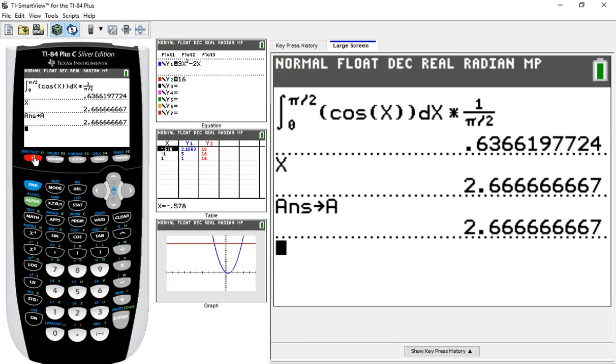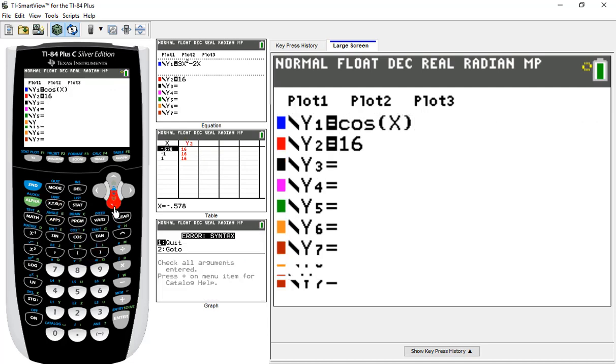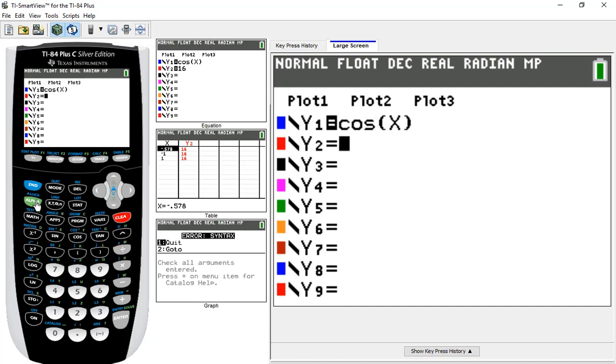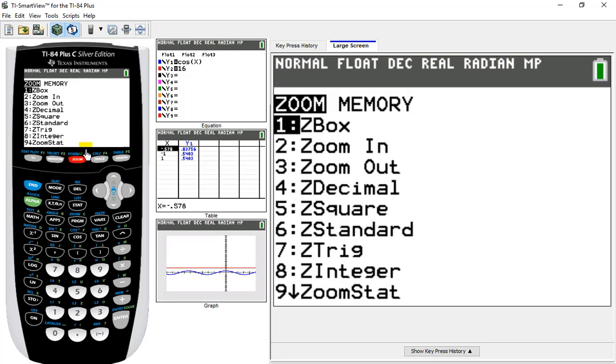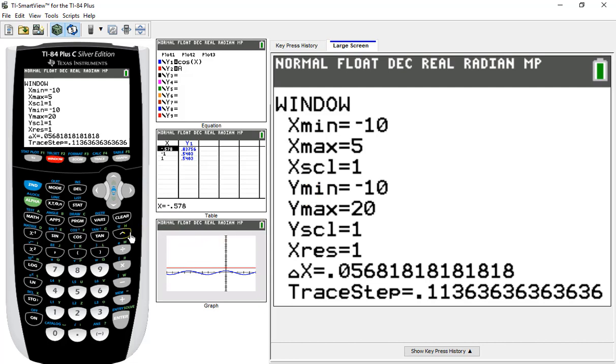Okay? So we're going to look at y equals, here we go. So we'll clear this guy out. We'll just put cosine x in. Cosine of x there. And the next one, we'll clear this out, and we'll go to alpha A. Then I'm going to go to window, because cosine maxes out at 1 and -1, so I really don't need all of this.